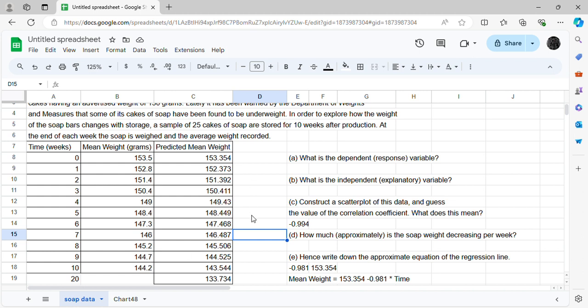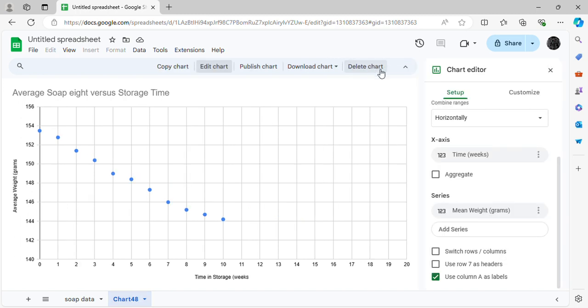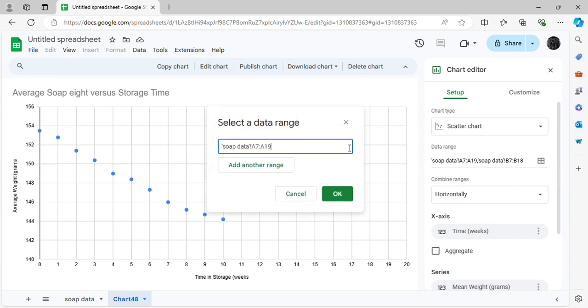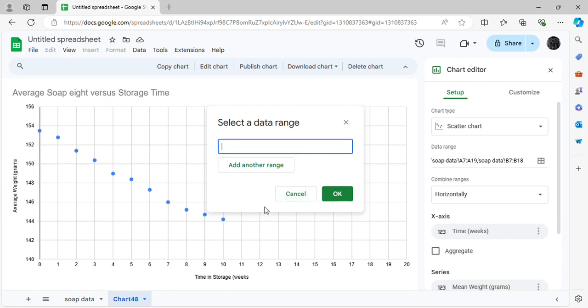Now let's add this predicted mean weight to the chart that we plotted in the spreadsheet. So let's edit the chart. For the data range, let's remove all the data range and then reselect.